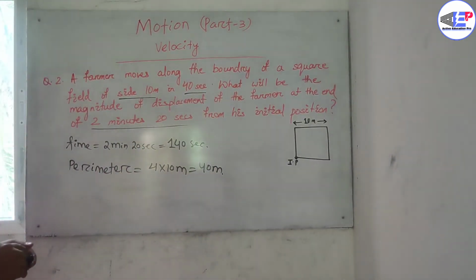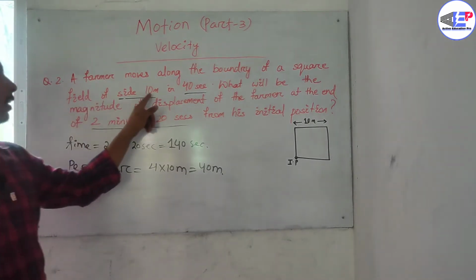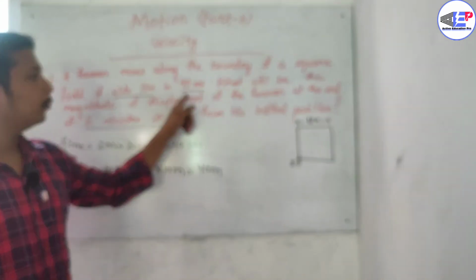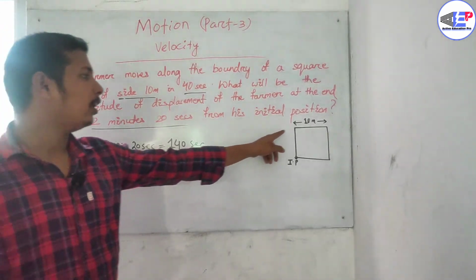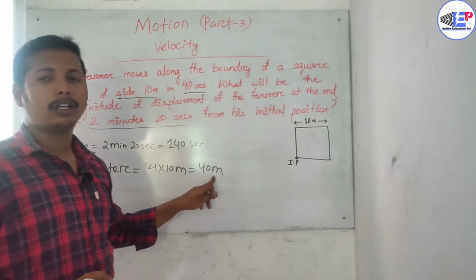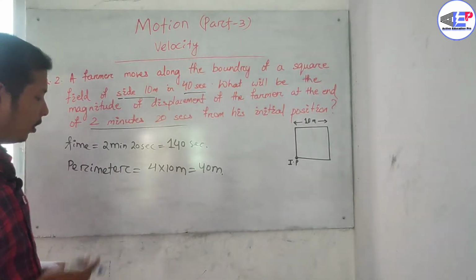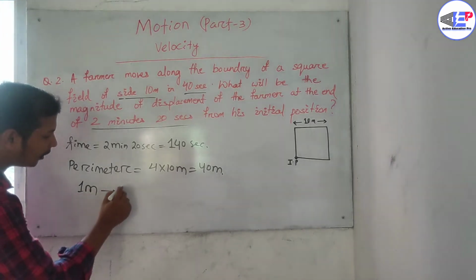So here given that farmer moves along the boundary of a square field of side 10 meter in 40 seconds. It moves along the boundary in 40 seconds, means it will cover its perimeter in 40 seconds. That means it will cover 40 meter in 40 seconds. So it will cover 1 meter distance in 1 second.